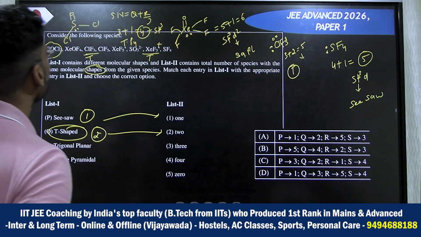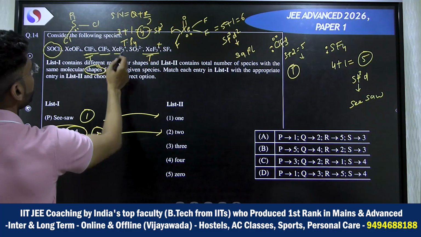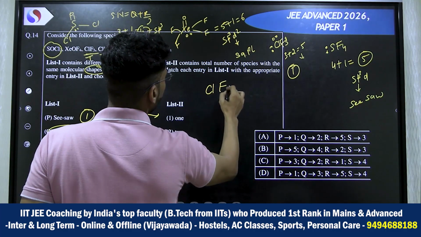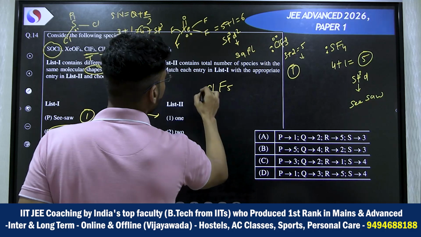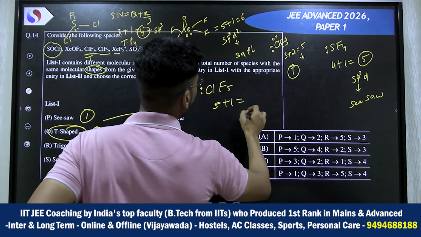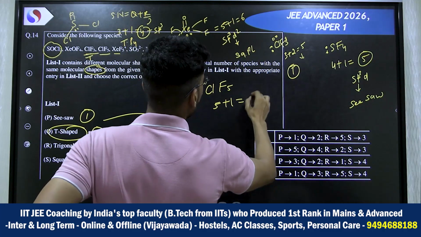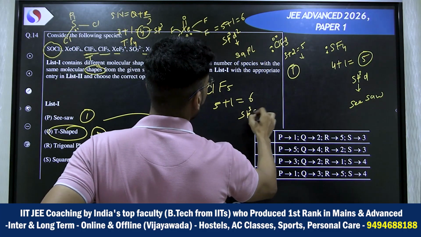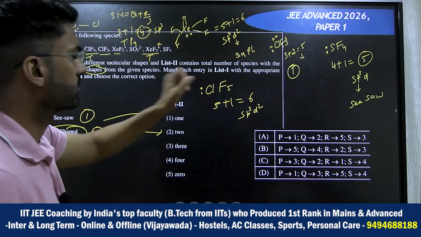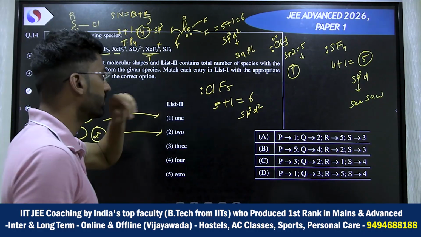So what is left? This one, ClF5. Okay, let me write down ClF5. Total 7 electrons, which means 1 lone pair of electrons will be there. So 5 sigma bonds, 1 lone pair of electrons, that will be equal to 6, sp3d2. sp3d2 means octahedral geometry, then the shape, with 1 lone pair of electrons.